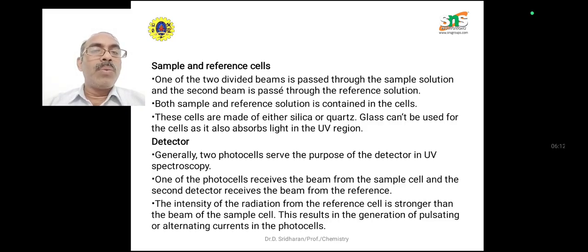Detector: generally two photocells serve the purpose of the detector in UV spectroscopy. One of the photocells receives the beam from the sample cell and the second receives the beam from the reference. So both results are interpreted and we can get the results.